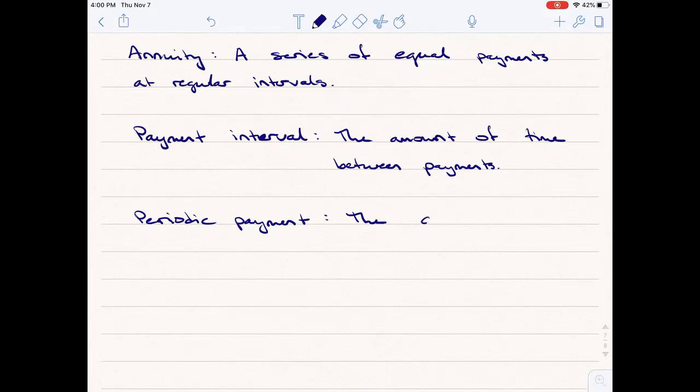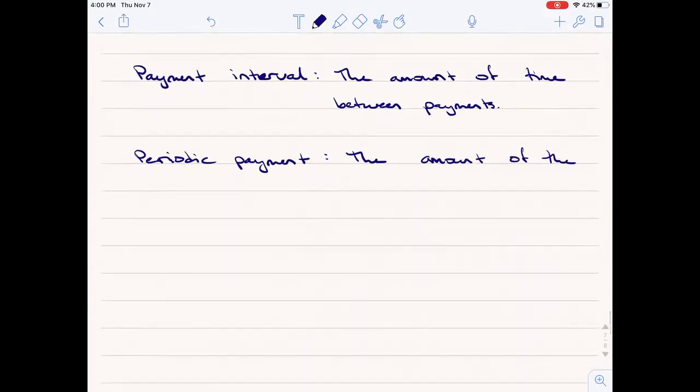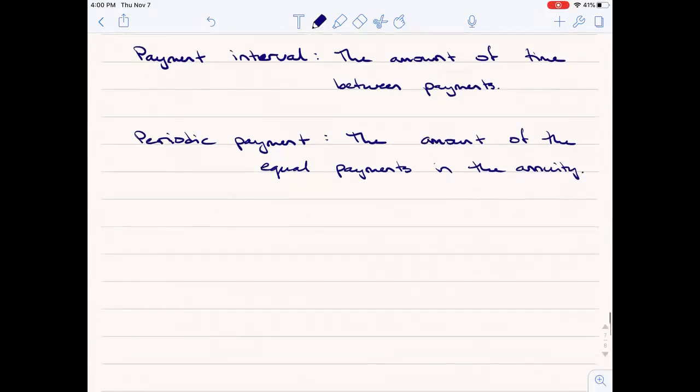So it's the amount of the equal payments in the annuity. It's denoted by PMT.